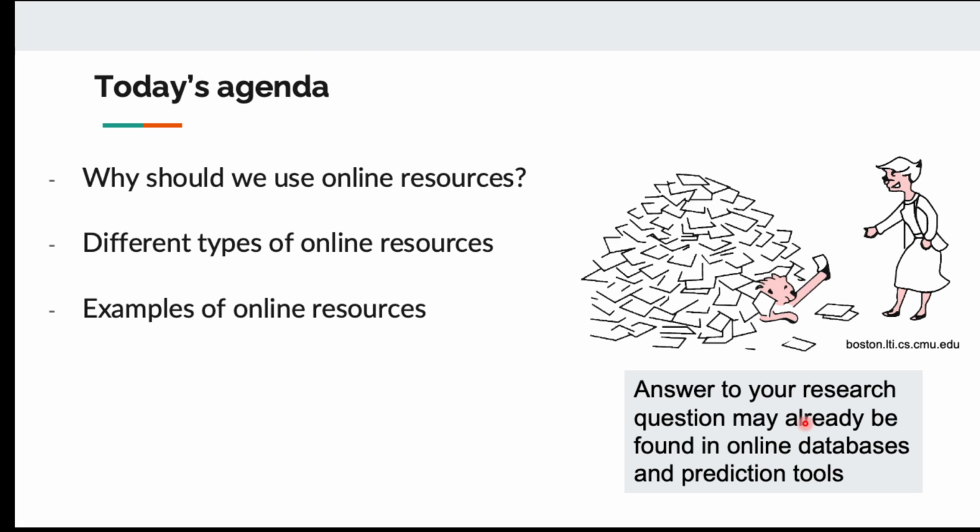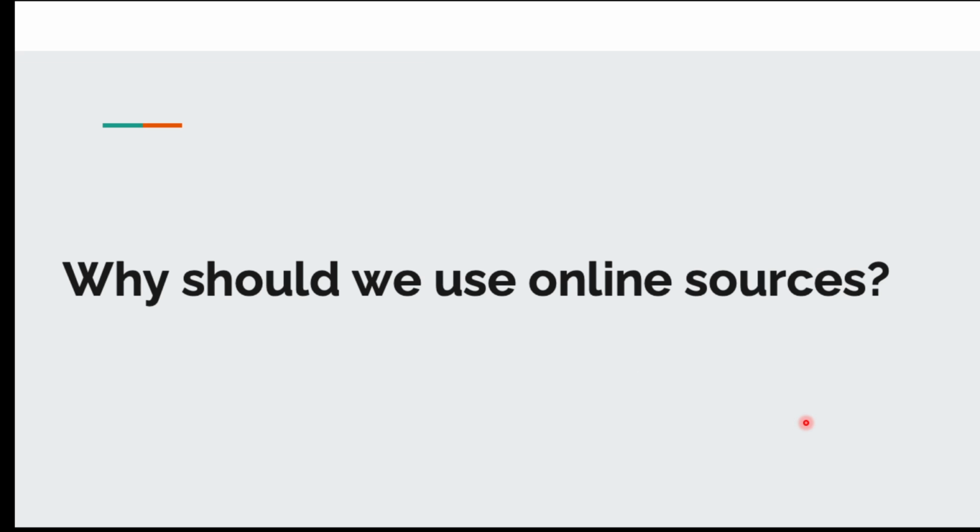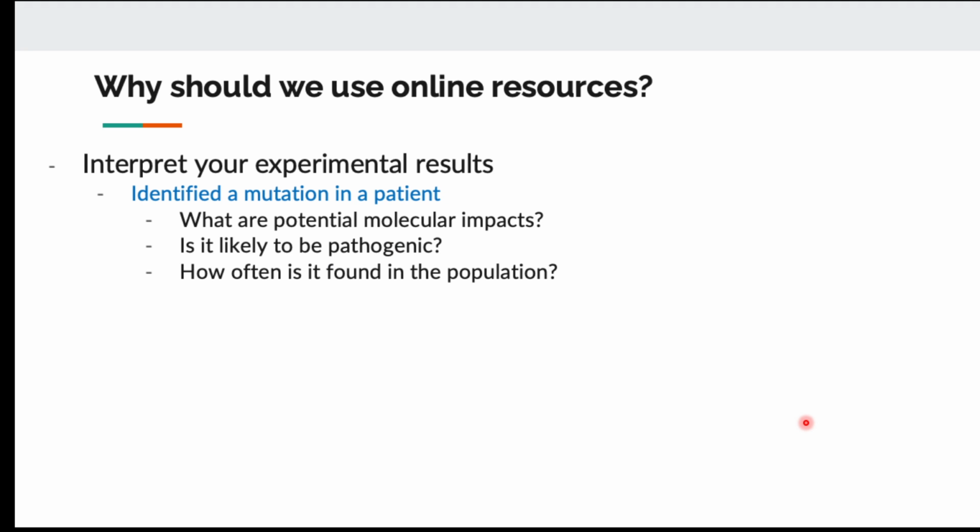Like if you are curious whether you can use a certain drug to target a certain gene, you can either do a literature review or you can go to the right database to see the collection of drugs and genes. So let's go through some examples of research questions that can benefit from online resources. Let's say you have a group of patients with a certain disease and you identify some mutation.